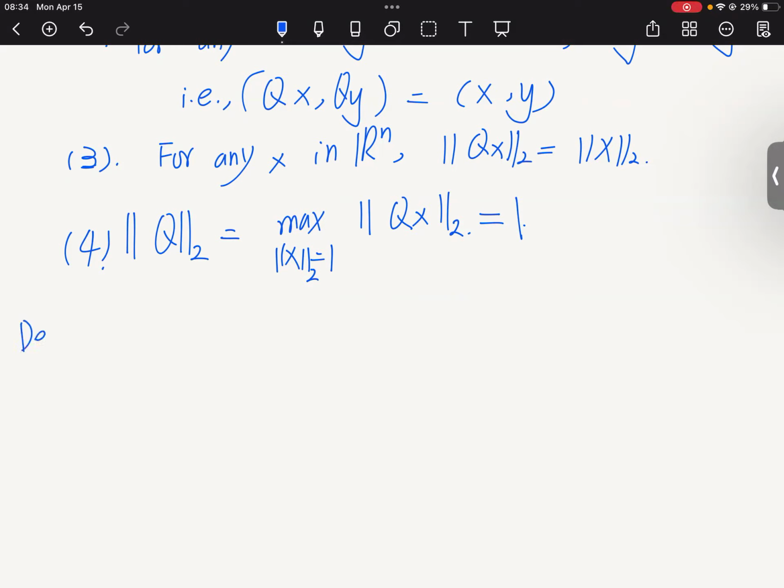So definitions first. Definitions of similarity between matrices.